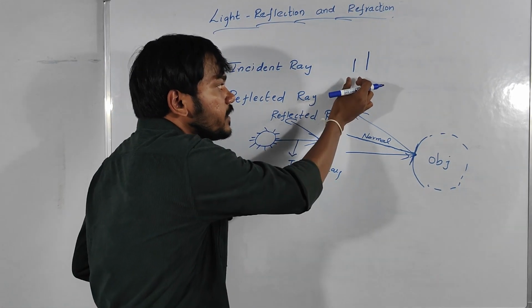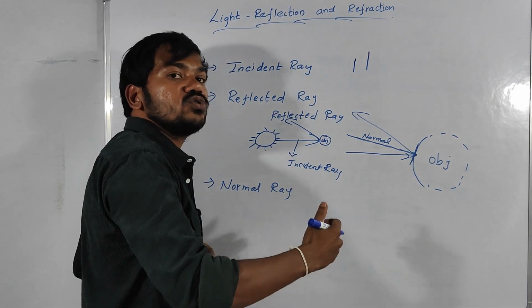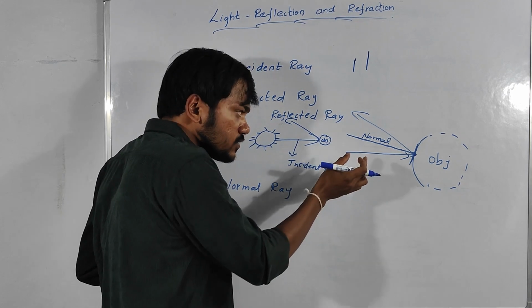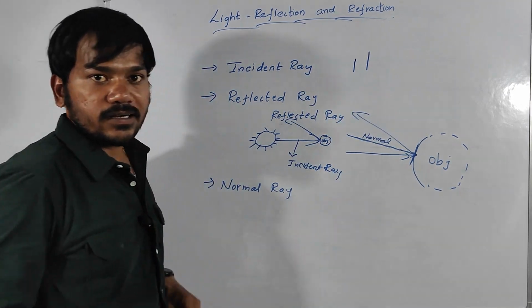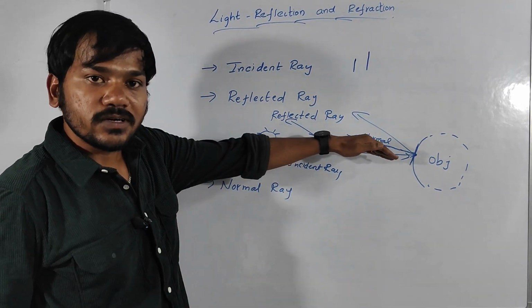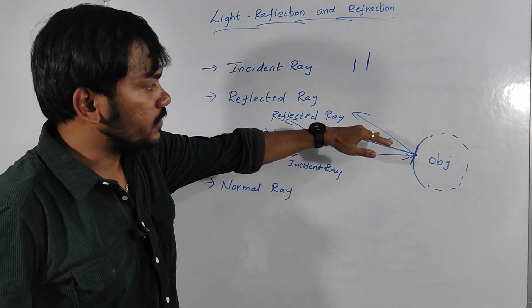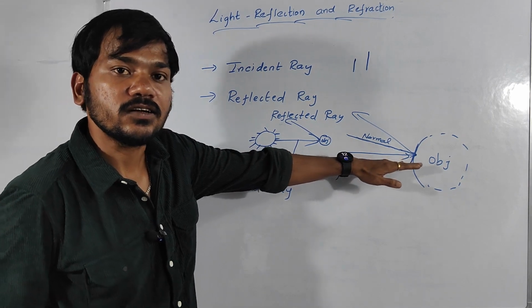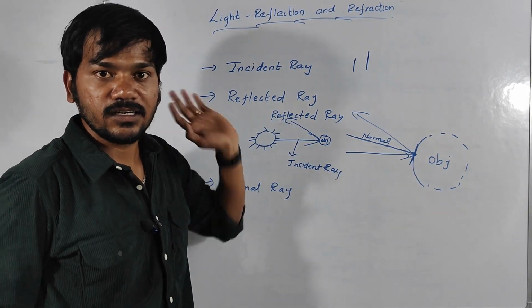So a reference is always required to show, prove or study something. In such a way, the normal is required to study the behavior of the reflected ray whenever an incident ray falls onto a surface. Clear, no?